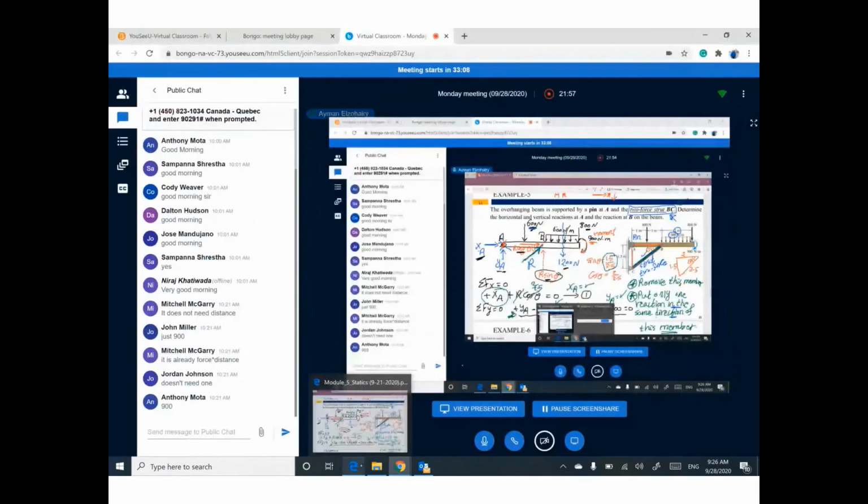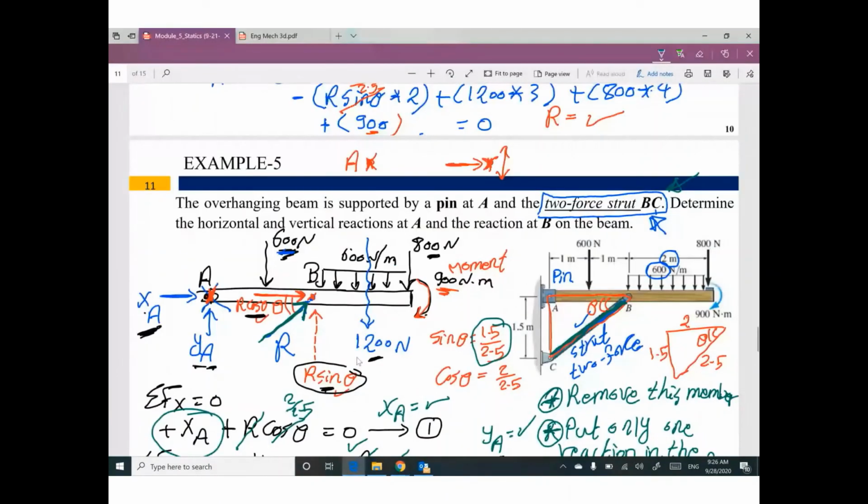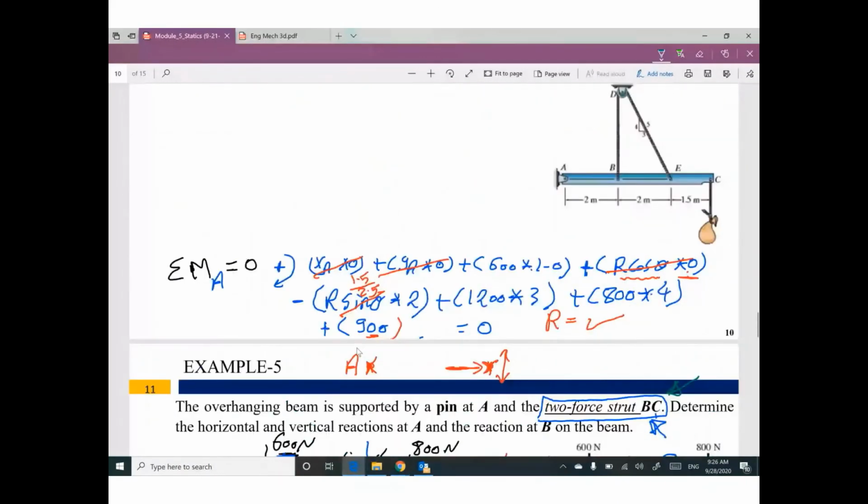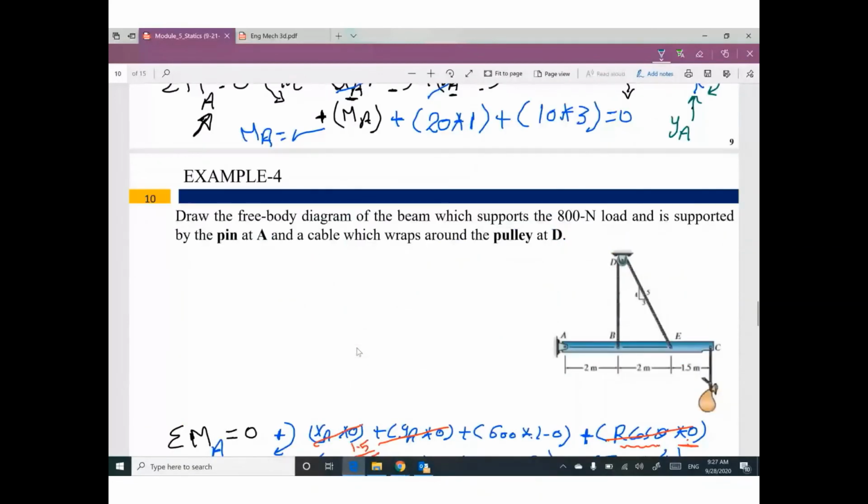Okay. The last thing I need to cover is very simple for this problem. We have a pulley. Do you remember, if you have a pulley, what should I do?